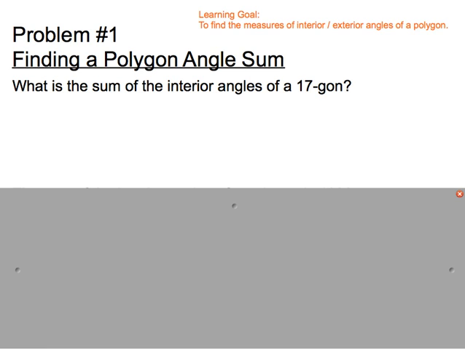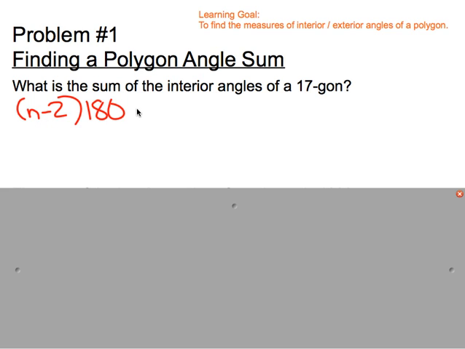So when we want to find a polygon angle sum, the question might look something like this. What is the sum of the interior angles of a 17-gon? Now remember, a 17-gon is just a polygon that has 17 sides. So it's important that we remember the formula from the previous slide. That's n minus 2 times 180. In this case we know that n is 17, so we plug in 17.